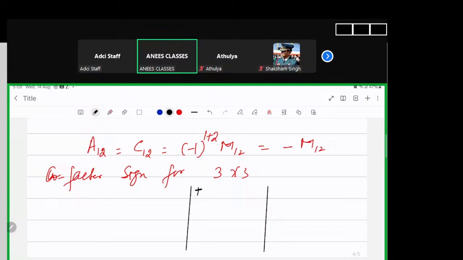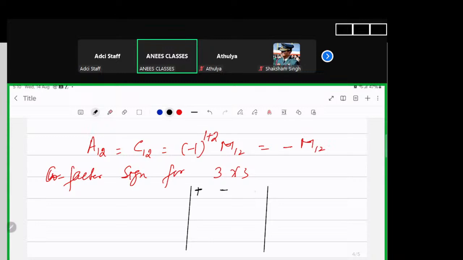That means for the first element, minor equals cofactor. The second element in the first row will be negative, which means you have to multiply the minor of the second element by a negative sign, then you will get the cofactor.